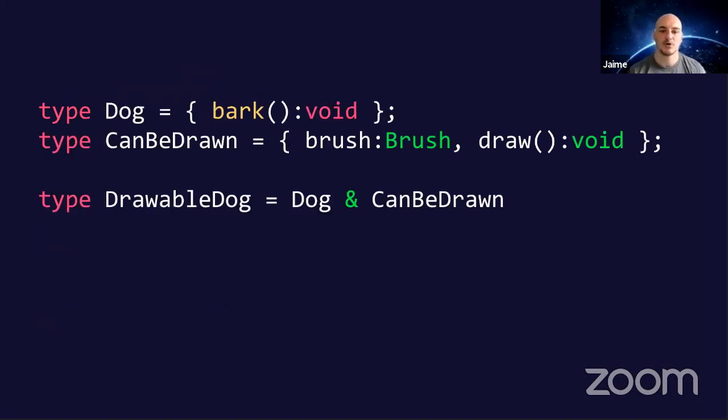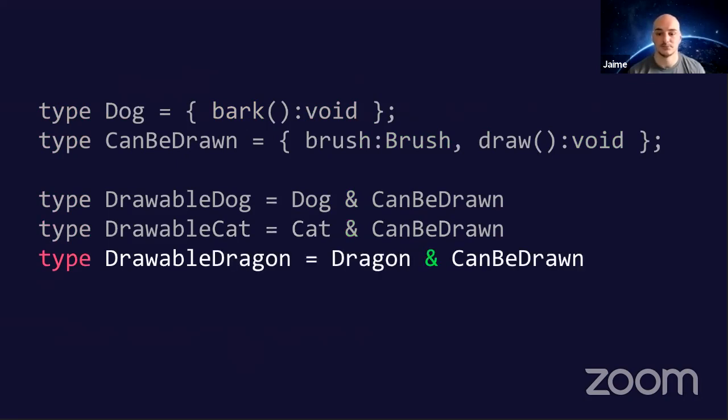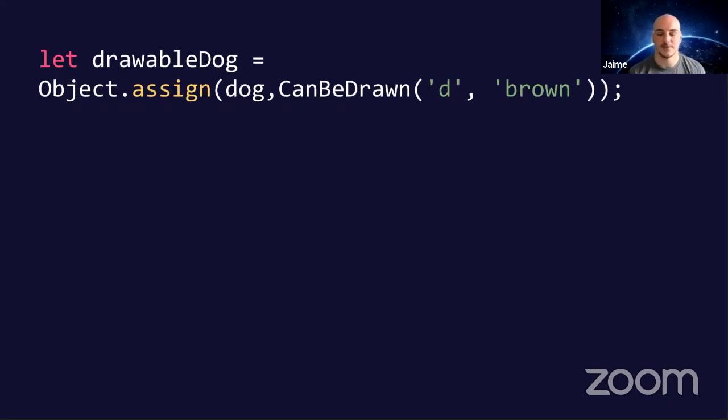In the world of types, you have a dog that can be drawn, combine them, and you get a drawable dog. You have a cat, combine it with the mixin, you get a drawable cat. You have a dragon, combine it with the can be drawn mixin, and you get a drawable dragon. And then in the values, so this is only types, right?